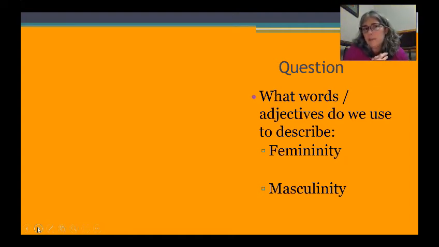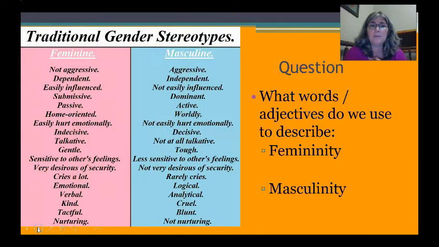So, another demonstration. What are some words or adjectives that we in general tend to use to describe femininity or masculinity? Think about it. What are some of the adjectives that you use for both of those? The traditional gender stereotypes, these are words or adjectives that we usually attribute to femininity. That they're not aggressive, they're more dependent, they're more easily influenced and submissive.